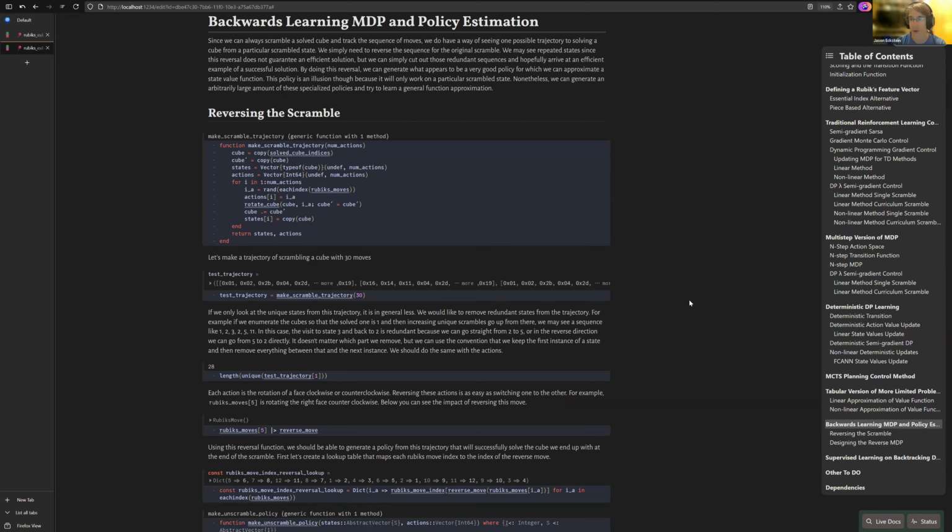Then we can try to learn a value function with however elaborate an approximation technique we want on that data, and then use that value function to compute an optimal policy. In this way, we're not really trying to learn how to solve a cube. We're just seeing examples of the cube being solved. It's much more similar to supervised learning, because we're not doing any policy improvement in this case.